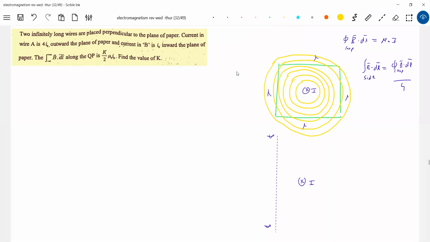How many lines of force will intersect this side? Those many lines of force will intersect this side. Is it okay? That's why 1/4.